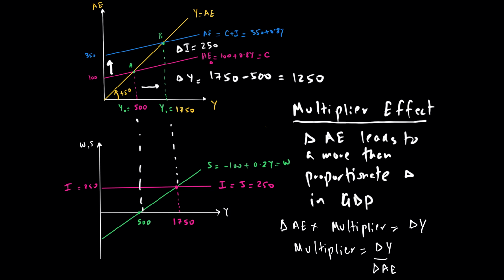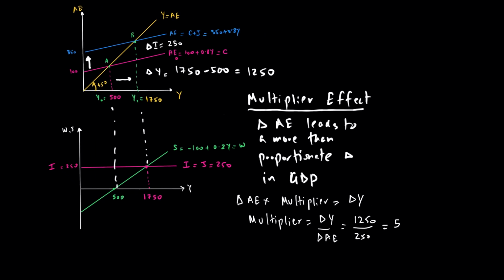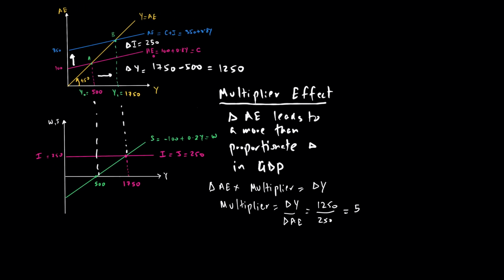And in our case, if I take the values, change in Y was basically 1250, and change in AE is equal to 250, because AE was previously 100 plus 0.8Y and now became 350 plus 0.8Y, which means a jump of 250, and I got myself a value of 1250 over 250, which is 5.